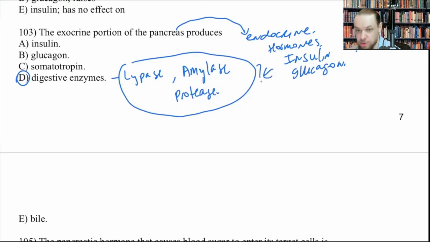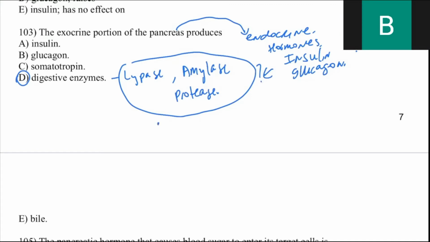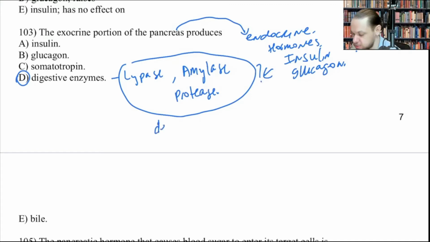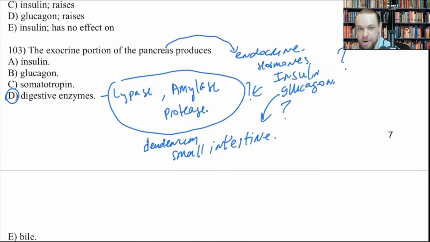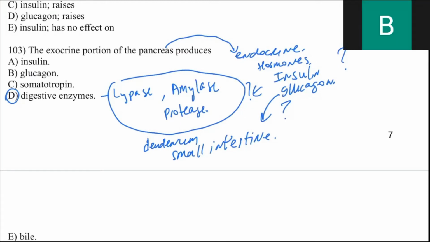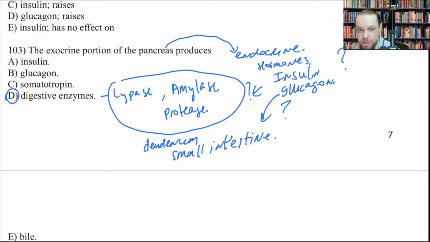These go into your duodenum, the small intestine. Are these secreted in the same place? Meaning once they come out, do they go into the small intestine? No, into the bloodstream, right? Very good. That's very important to keep in mind.